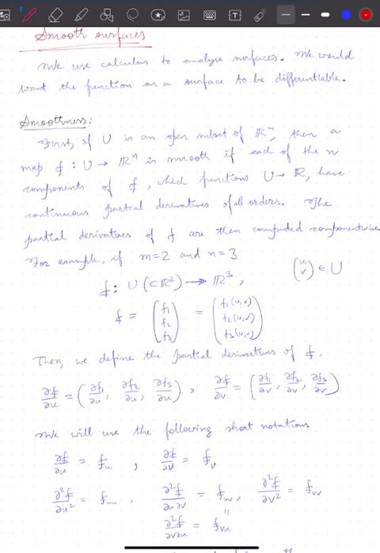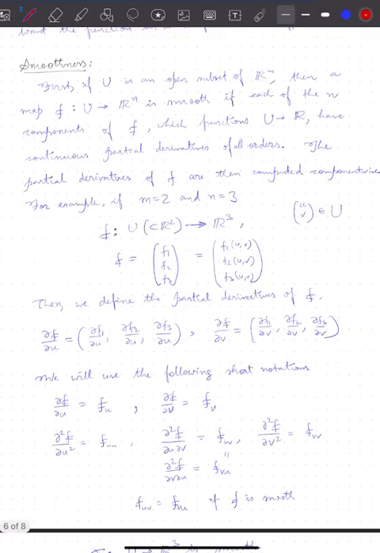And we learned that if there is a mapping from an open subset of Rm to Rn, we recognize that it's smooth if each of the components of the mapping F is differentiable for all orders, right?